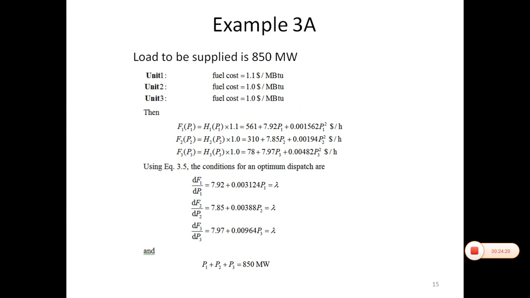If it is required, then we have to put it at its upper or lower limit, but if it is not required, then our solution should be between the upper and lower limit. So this is the constraint, that the sum of the power generated should be equal to 850 megawatt.